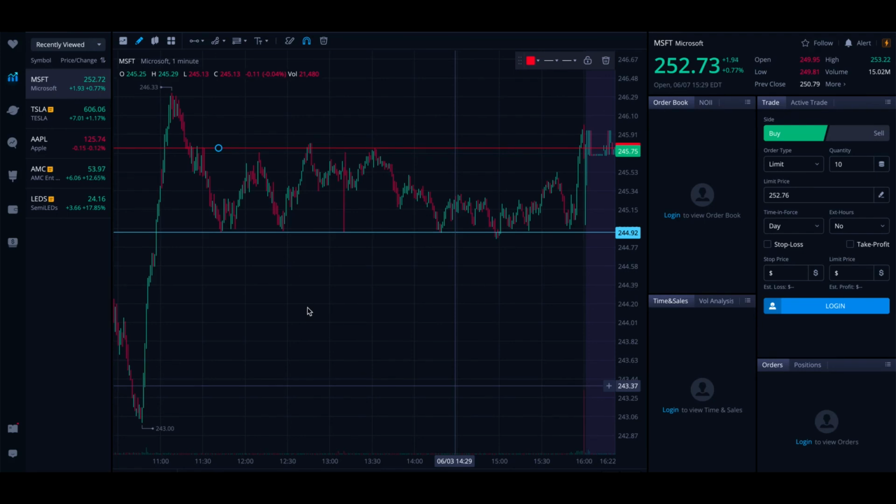So anyhow, I hope that gives you an idea of what to look for as far as support and resistance is concerned. I feel like they're pretty easy concepts to grasp. Being able to actually analyze the patterns might be a little more difficult, but the ascending triangle and the descending triangle I feel are easy enough to grasp.